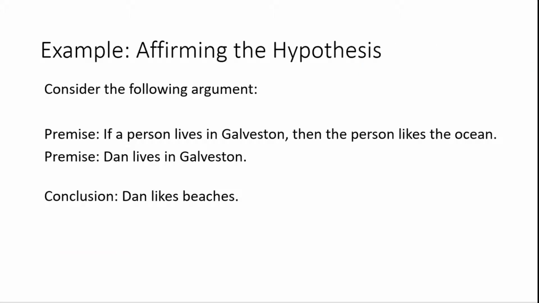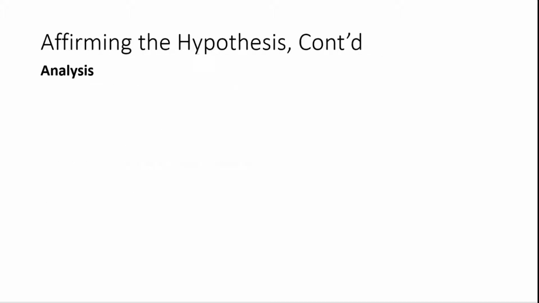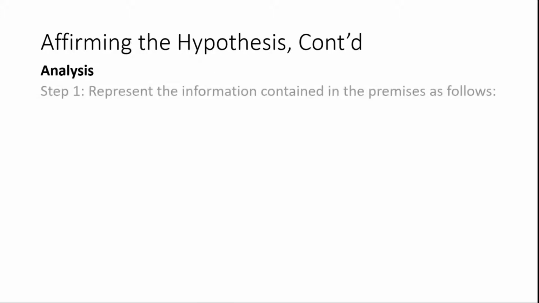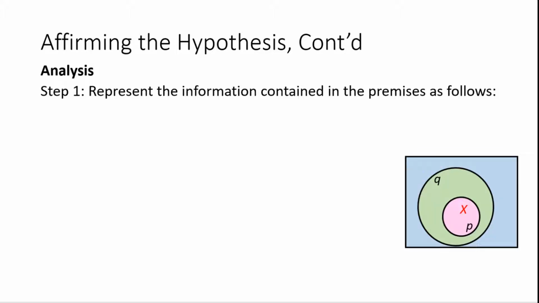Example, affirming the hypothesis. Consider the following argument. Premise: if a person lives in Galveston, then the person likes the ocean. Premise: Dan lives in Galveston. Conclusion: Dan likes beaches. Analysis. Step 1. We first represent the information contained in the premises in a Venn diagram as follows.